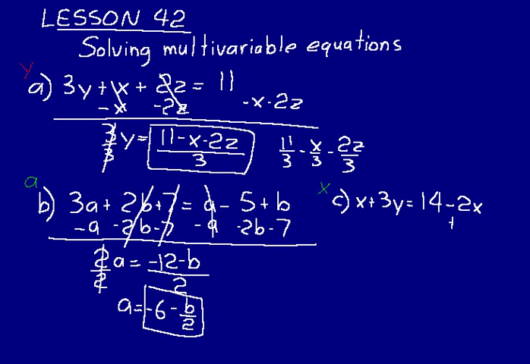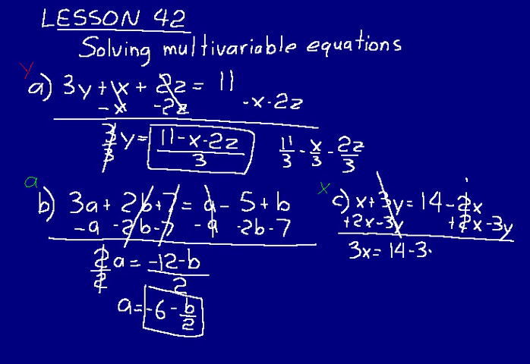So we would add this 2x to both sides, and then we'd also add a negative 3y to both sides. And so our 2x's on the right cancel, our 3y's on the left cancel, and we'll end up with 3x is equal to 14 minus 3y.